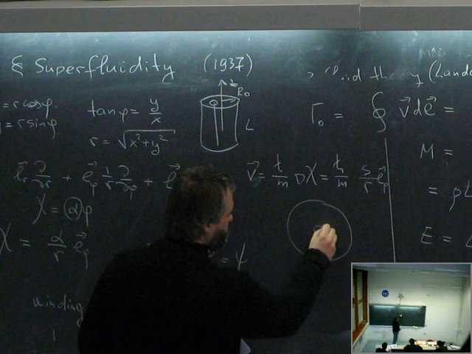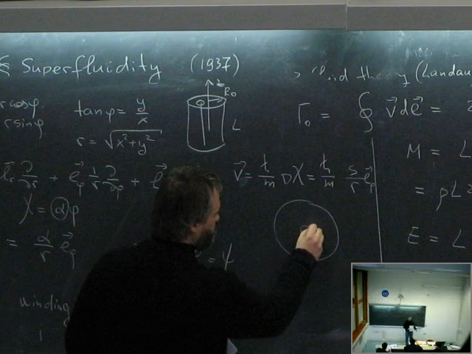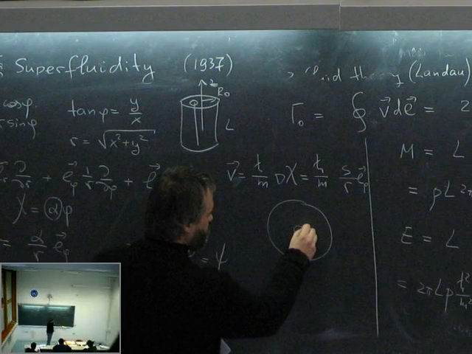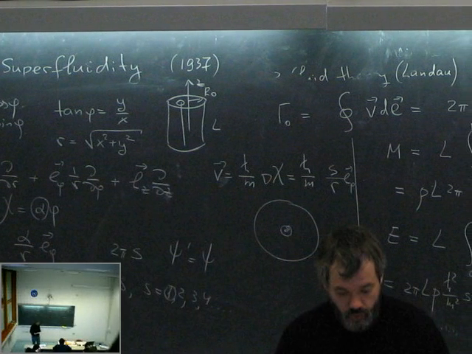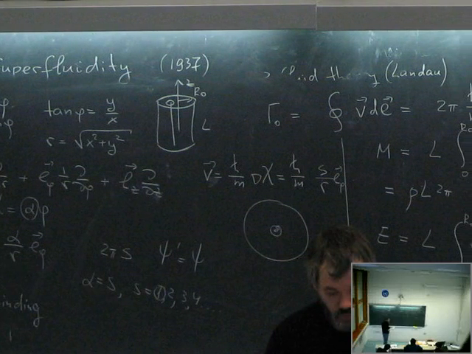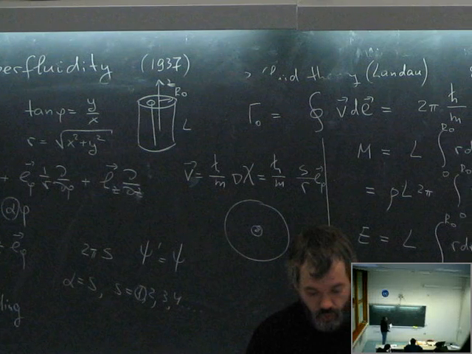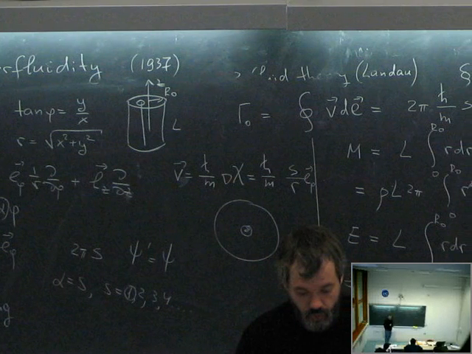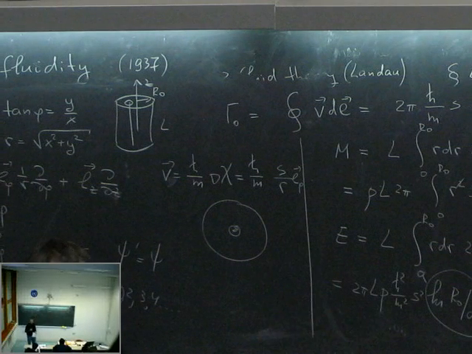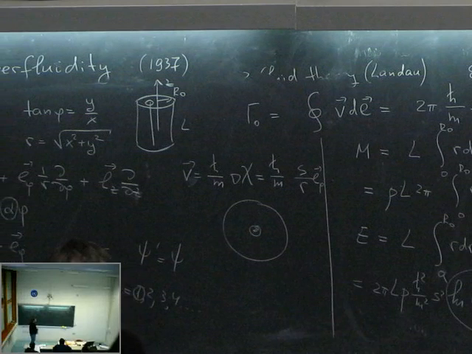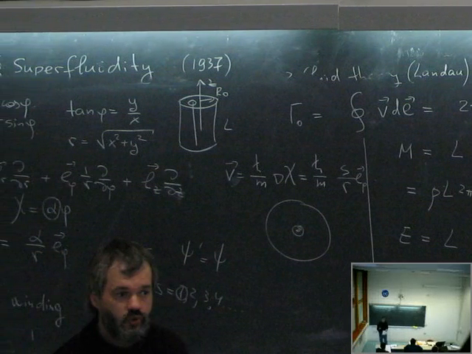And the momentum of the vortex is proportional to the winding number S, while the energy of the vortex is proportional to the number S squared. So since energy grows as a square, it's not energetically favorable to create vortices with a winding number bigger than 1, because it costs a square energy.